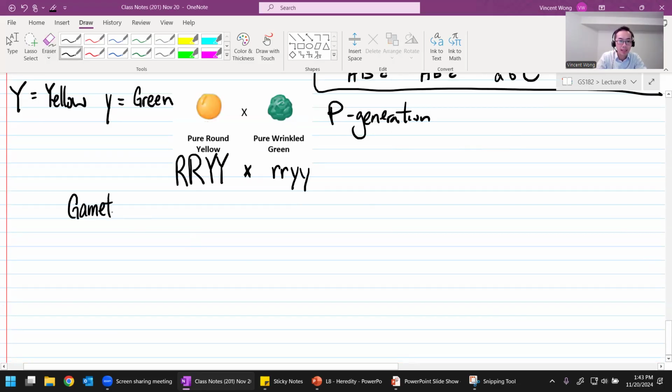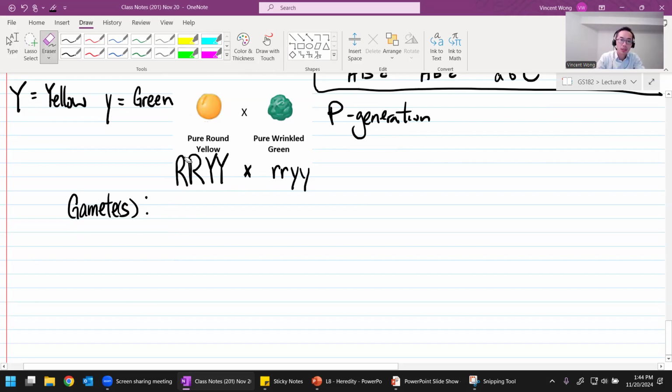Let's write down the gametes. What kind of gamete or gametes will this plant be able to produce? Okay, yeah, one kind, and what would it be?